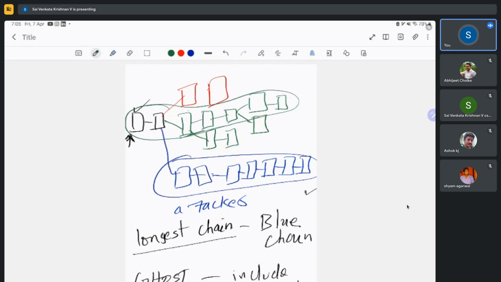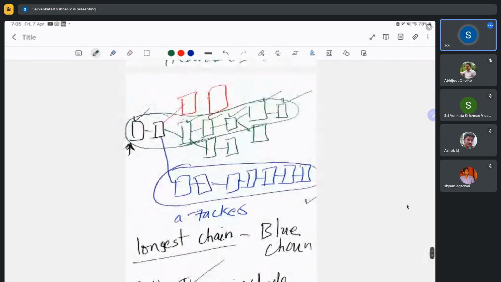So we have this, and this. All these five blocks in the green chain would be considered the longest chain according to the GHOST protocol, compared to the naive longest chain solution.